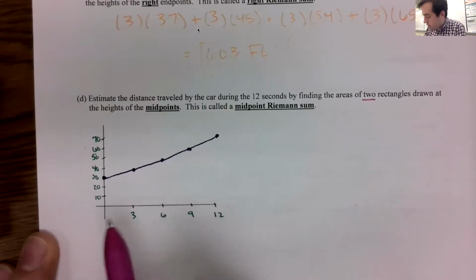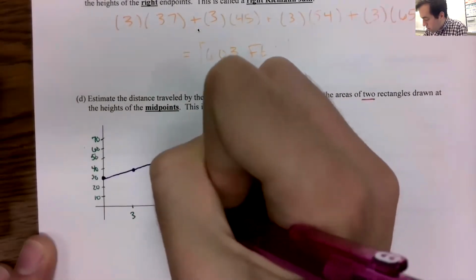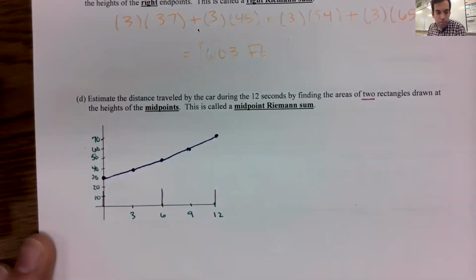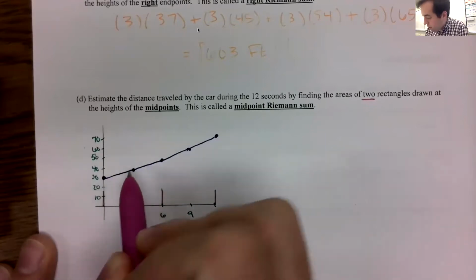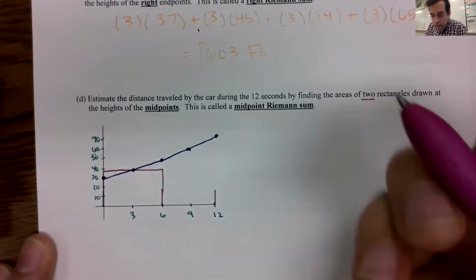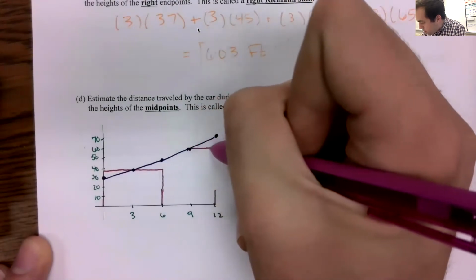If we're going to break this into 2 rectangles, they should be of equal width. So they're going to be from 0 to 6 and from 6 to 12 along the x-axis. And we're going to go to the midpoint of the bar. So it's going to be right here, straight across. And this one will go to this midpoint.